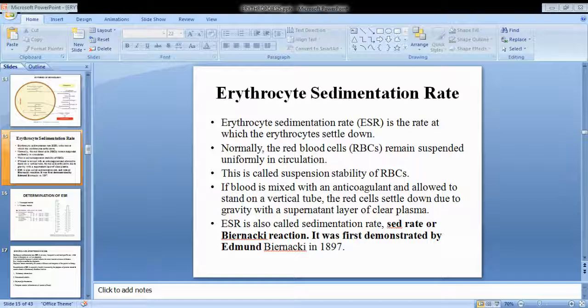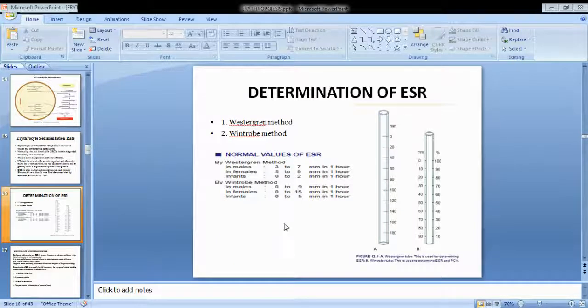It is also called the SED rate. It was first demonstrated by Edmund Biernacki in 1897. The determination of the ESR can be done by two methods, the Westergren method and the Wintrobe method.